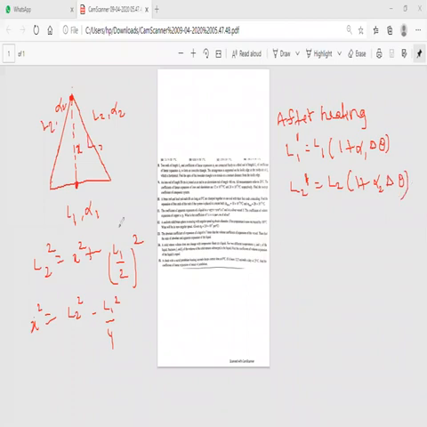Again, if you want to calculate the same length x, here the length becomes L1 dash by 2 and the other length becomes L2 dash after heating.